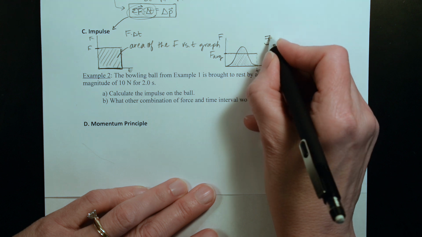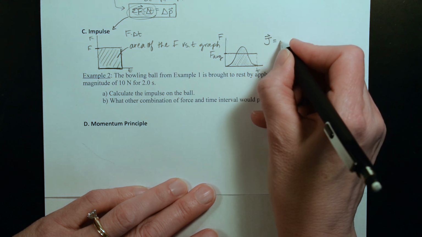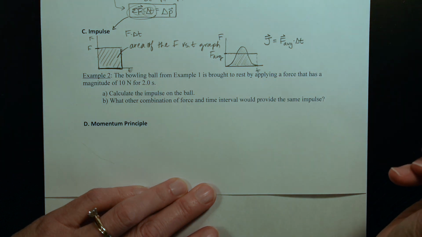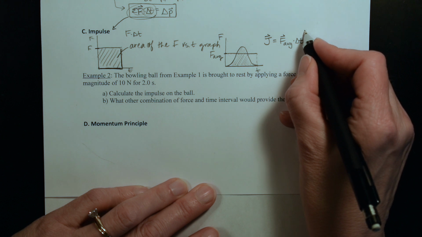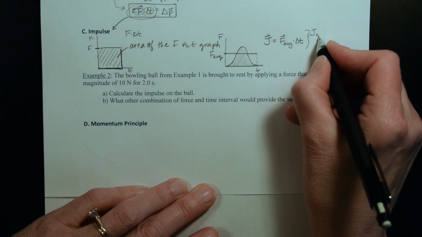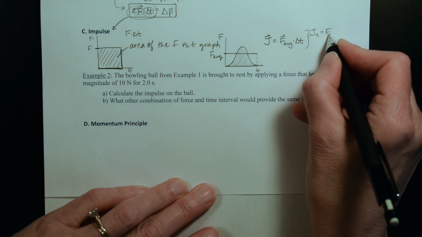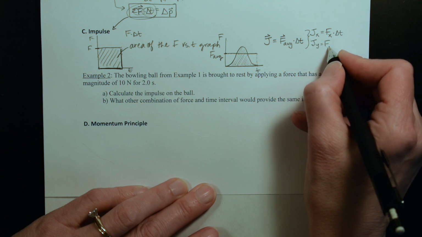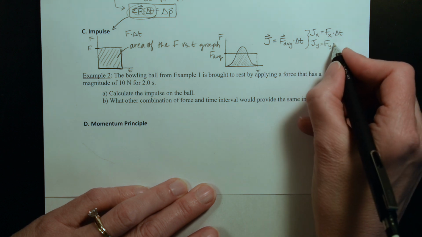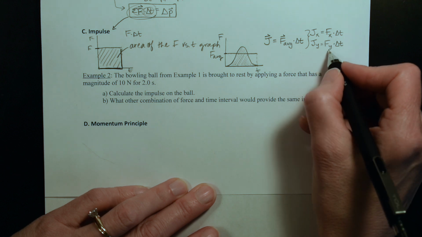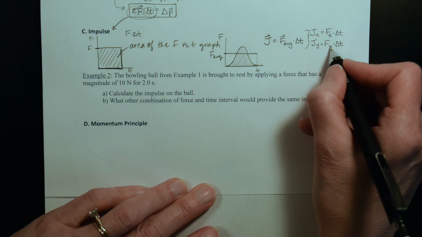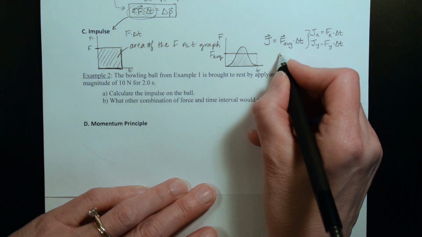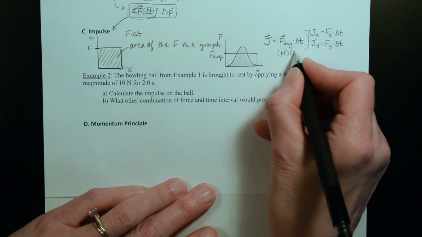The symbol for impulse is capital J, and we can express this as the average force vector times the time interval. This is a vector equation. So we have the horizontal component is the horizontal component of the average force times time, and the y component is the average force in the y direction times the time interval. I'm just not writing average to cut down on my subscripts, but these are still average forces. The units of impulse are newtons for the force and seconds for the time.